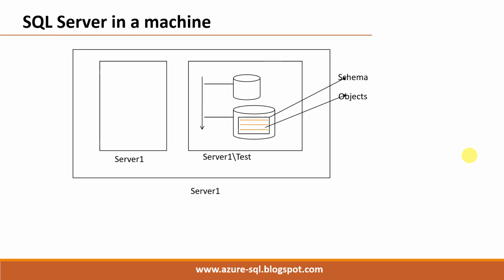In SQL Server, we have two types of instances: one is the default instance, the second one is the named instance. Two types of instances, default and named instances, right?